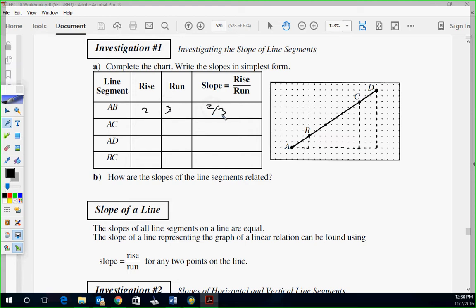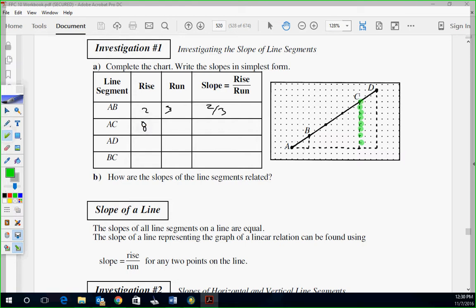Now do AC. So you got 1, 2, 3, 4, 5, 6, 7. No, I miscounted. These dots are really tough to see, aren't they? 1, 2, 3, 4, 5, 6, 7, 8. Everybody got 8? And then the 2, so the rise is 8.